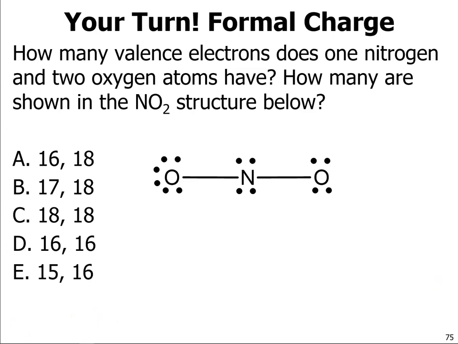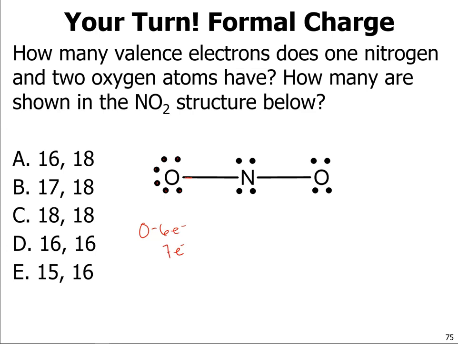Okay, let's do some accounting. Normally oxygen has 6 electrons. Here, this oxygen has 1, 2, 3, 4, 5, 6, 7, including 1 in that bond. So now we have 7 electrons.